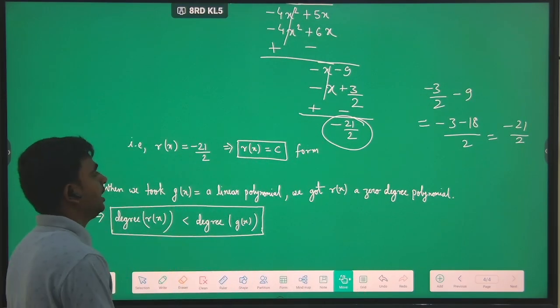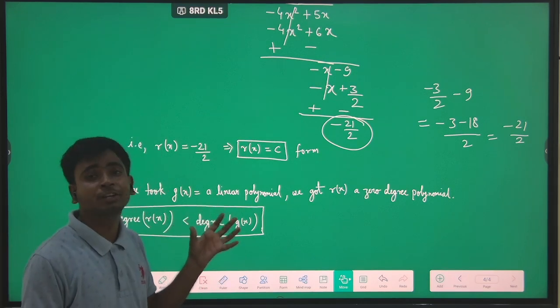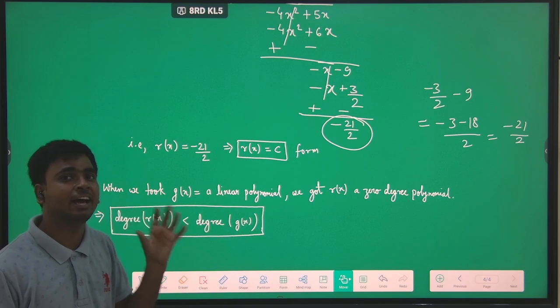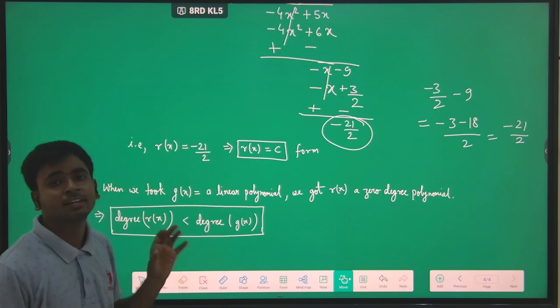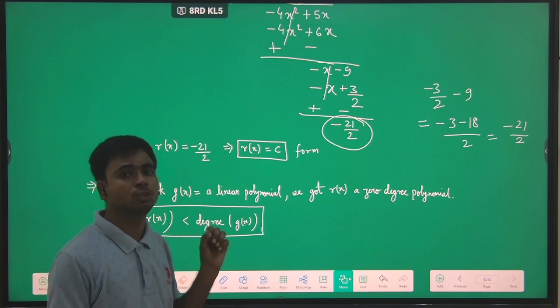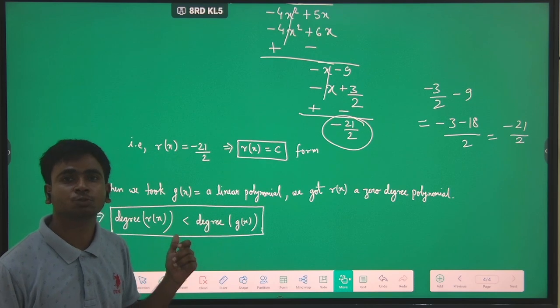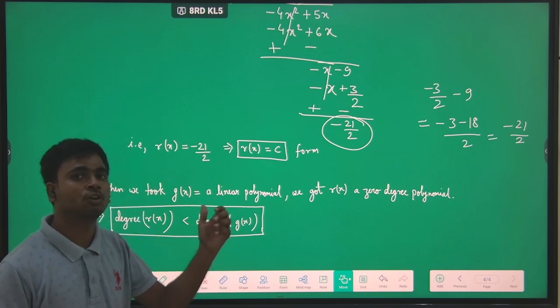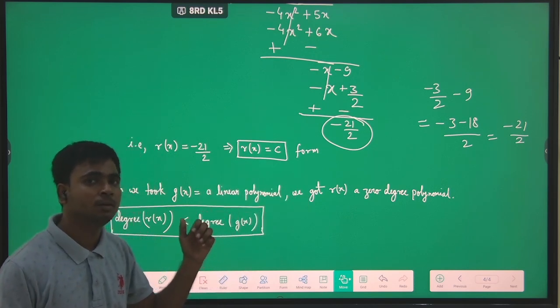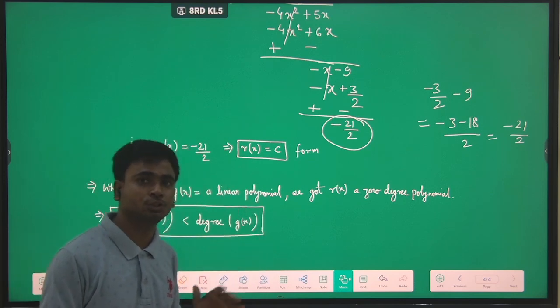Now, one more thing to understand is that we have to recap all the things we have learned. We have learned that any polynomial is of the form a₀xⁿ + a₁xⁿ⁻¹ + a₂xⁿ⁻² + ... up to aₙ, where a₀ is not equal to 0.